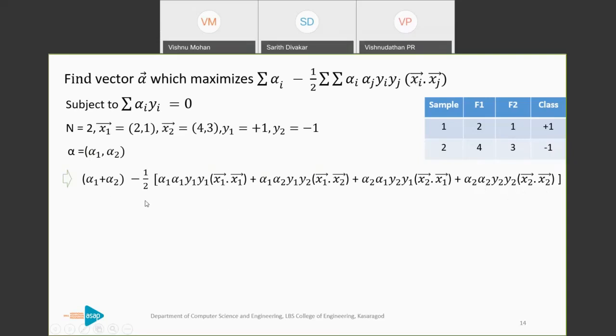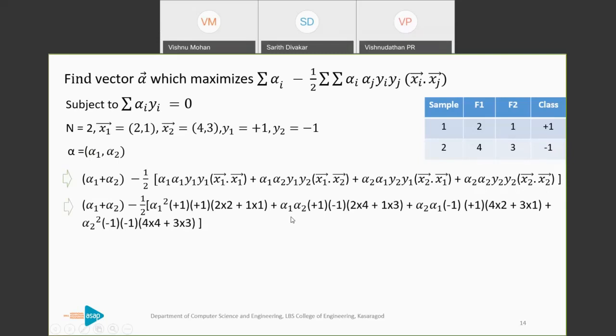Now I'm going to put the values of y1, and take the dot product of x1 dot x1, x1 dot x2, x2 dot x1, and x2 dot x2.